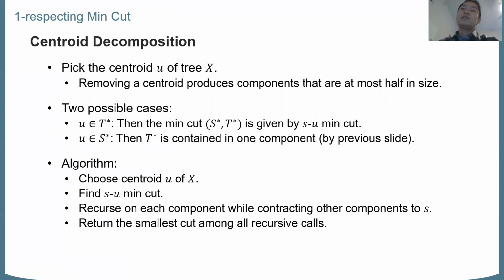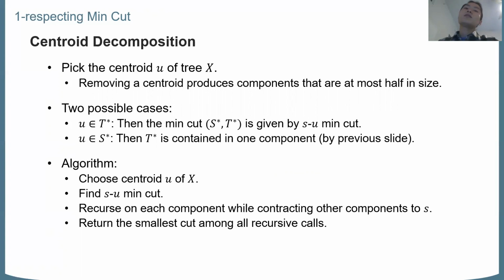If the centroid U is in the sink side, then the min cut is given by the SU min cut. If U is in the source side, then by the previous observation, our sink side is totally contained in one of the components of the tree after removing U. So we can do contraction and solve them recursively.